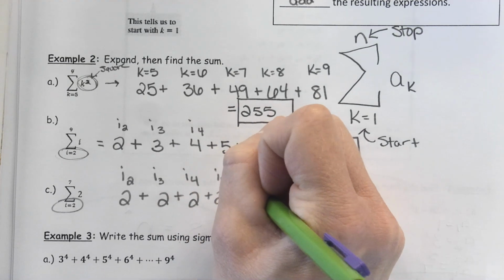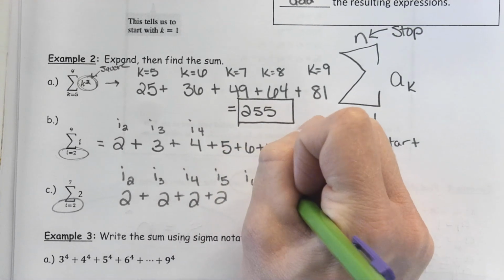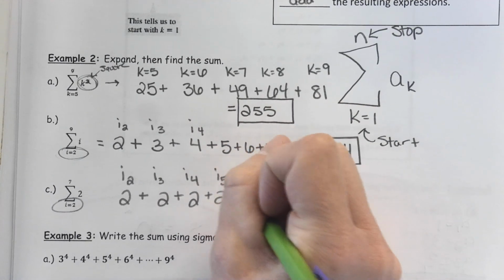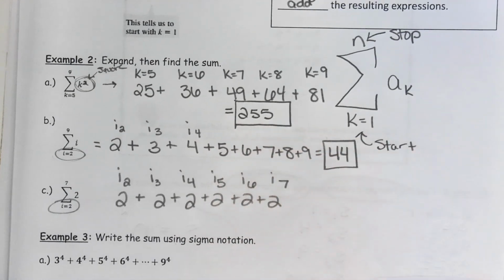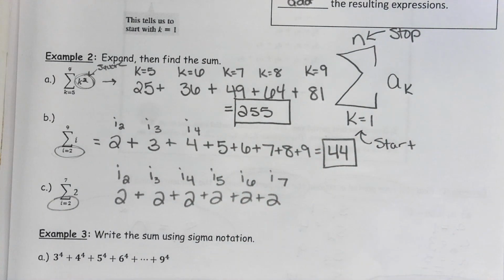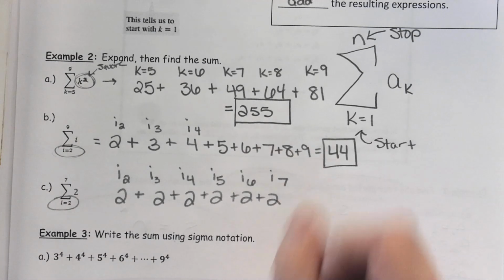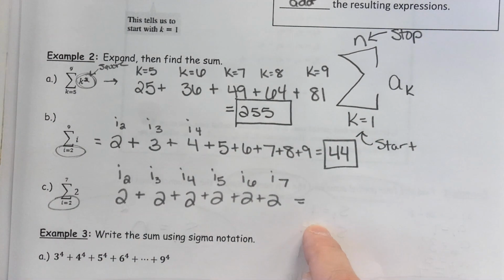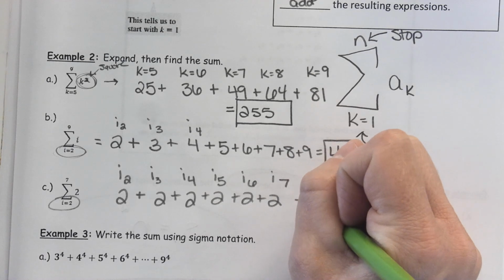Yes, I sub 5. Do we see where we're headed with this one? And again, part of the reason I like to write them out up top is to make sure I have enough 2s, because I need to start at 2 and go all the way up to 7. So if I have 6 2s, what do I really have? 12.